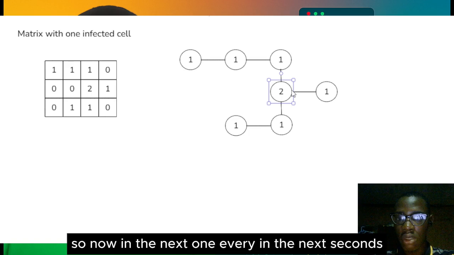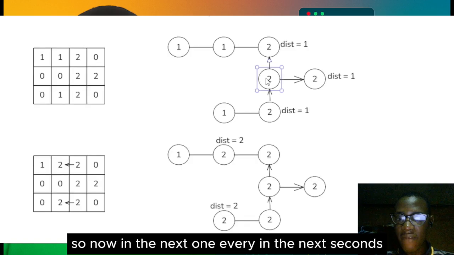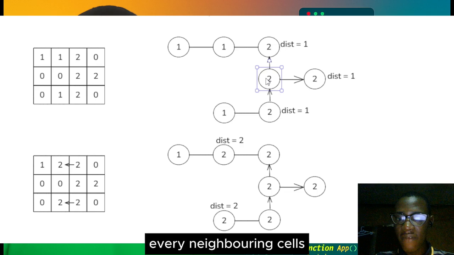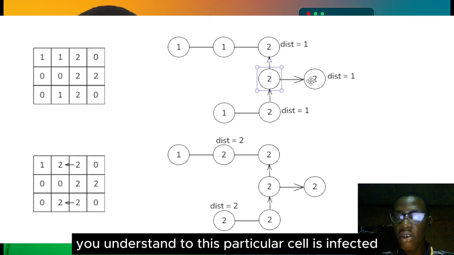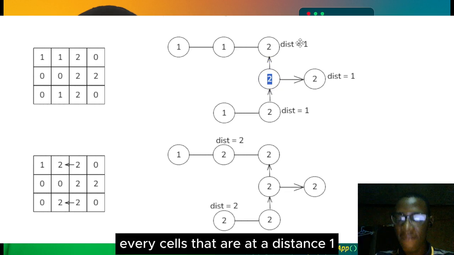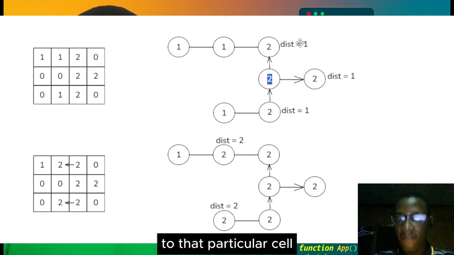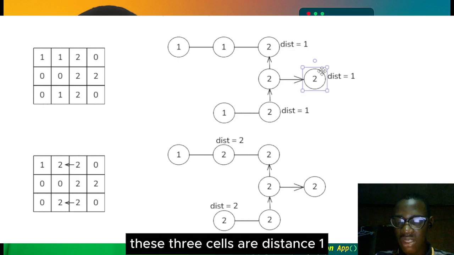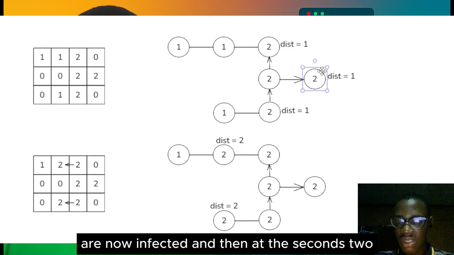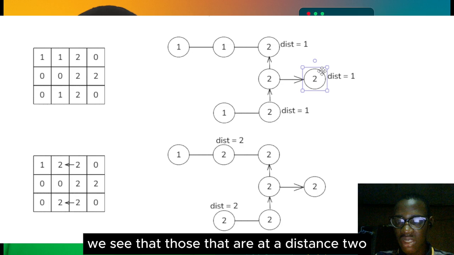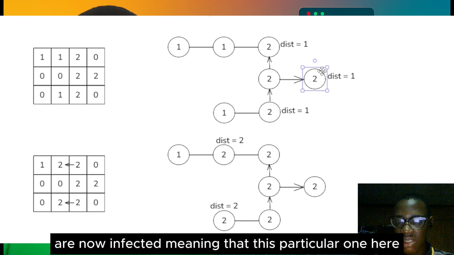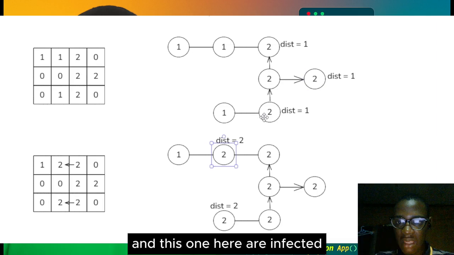So now in the next second, when seconds equals 1, every neighboring cell to this particular cell is infected now. That is, every cell that is at a distance 1 to that particular cell, these 3 cells that are distance 1 to this particular cell, are now infected. And then at second 2, we see that those that are at a distance 2 are now infected, meaning that this particular one here and this one here are infected.